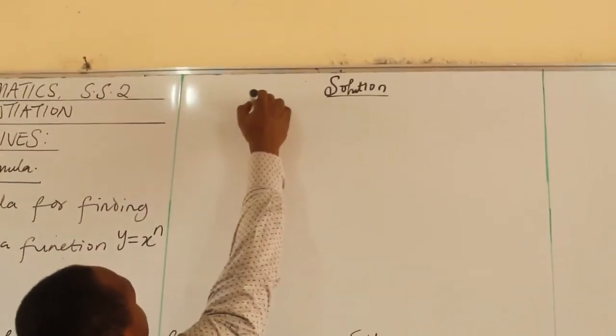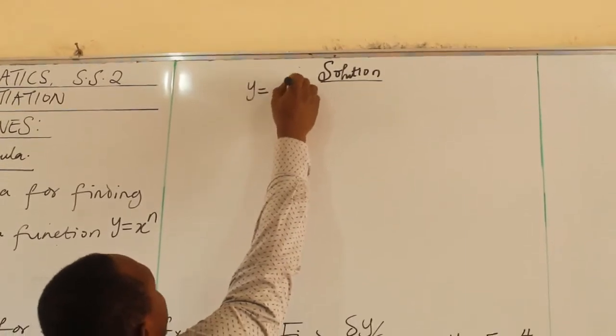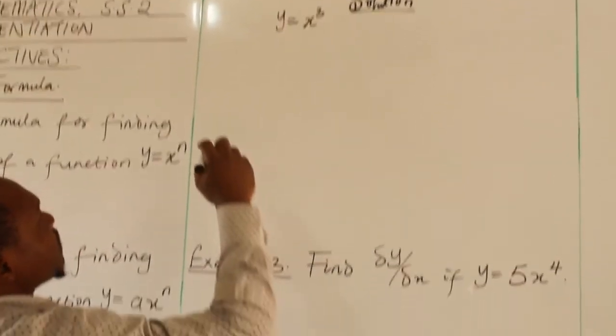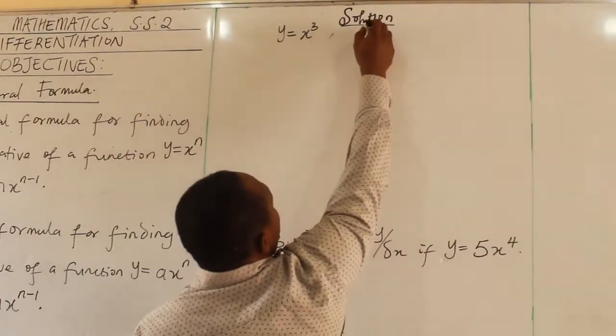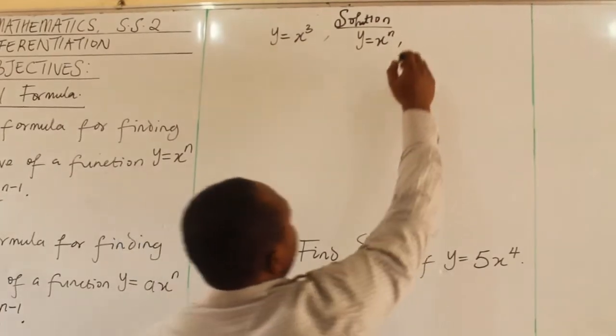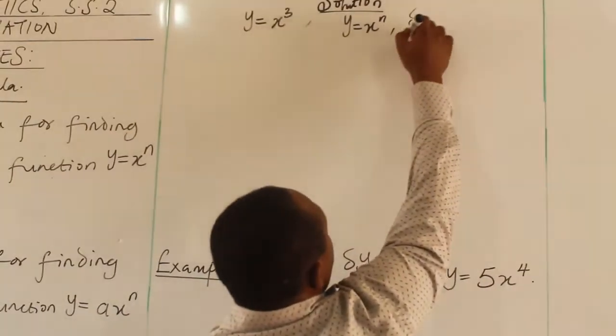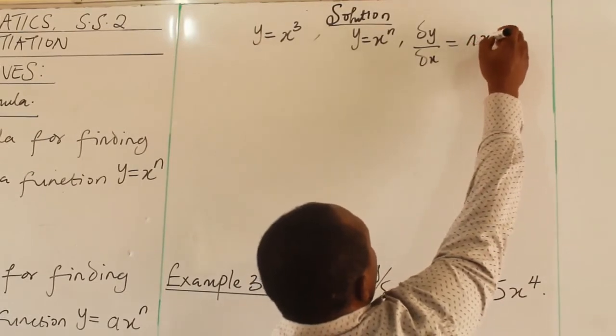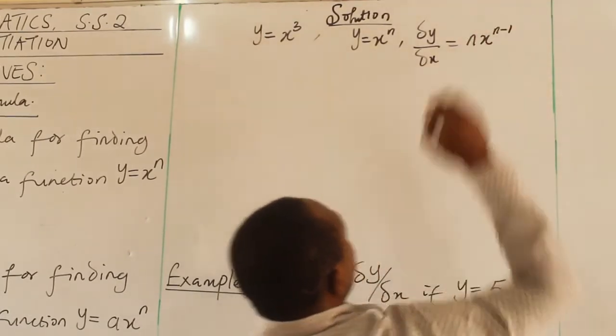We have y is equal to x raised to the power 3. And we said according to the general formula, if we have y is equal to x raised to the power n, the general formula tells us that dy over dx is equal to n multiplied by x raised to the power n minus 1.